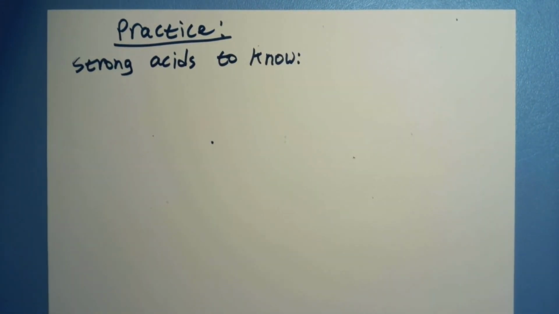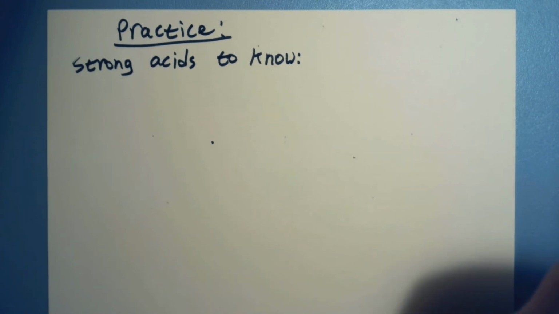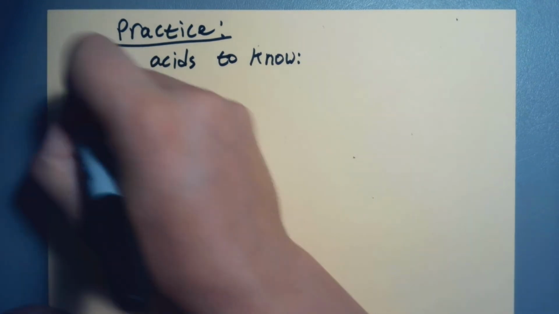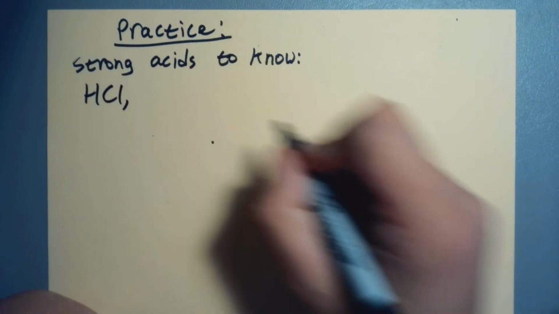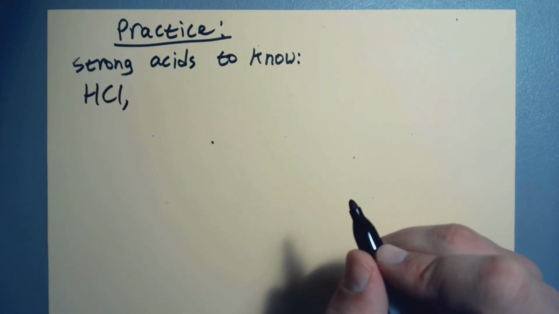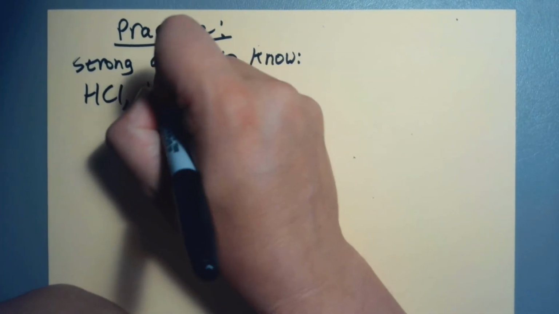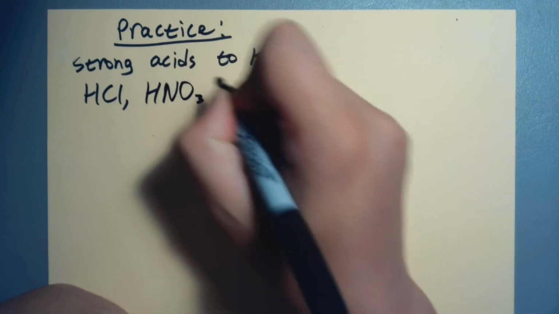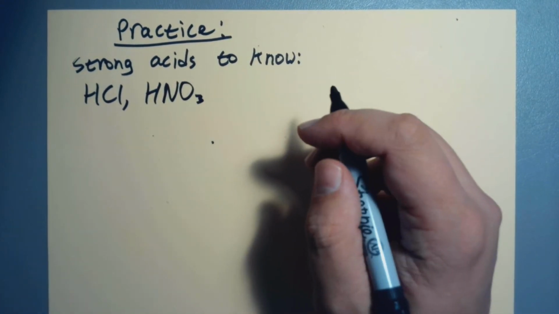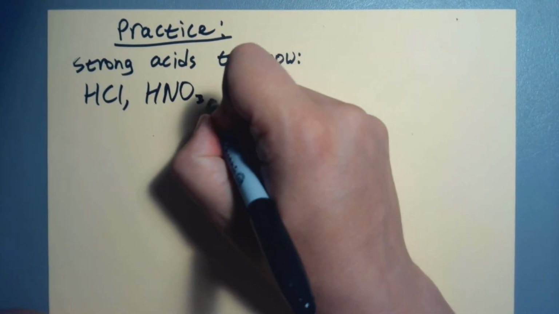Alright, so there are strong acids that I expect you to know. Where's my list? Alright, so definitely HCl. Definitely want to know HCl. What else we got? I'll throw nitric acid in there. It burned me once. It's one that turns your skin brown. Don't have to know them by name. Just know that this formula is a strong acid.